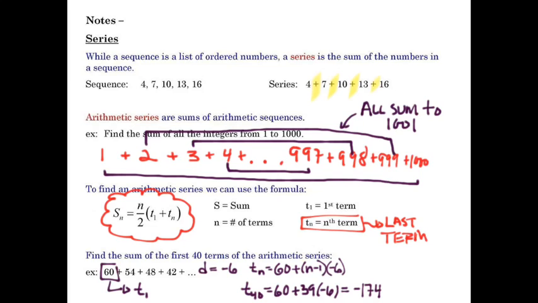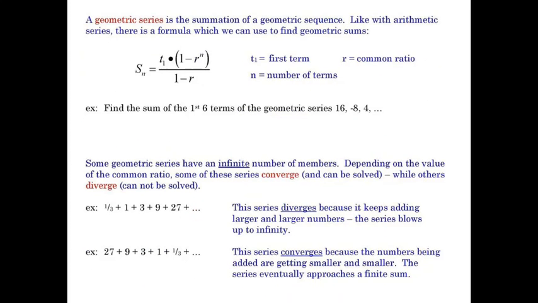Now I apply my formula: 40 over 2, that's how many pairs I have, times 60 plus negative 174, and that gives me the sum of those terms. We're not going to check it by adding them all up, but we could, and we should get the same value.